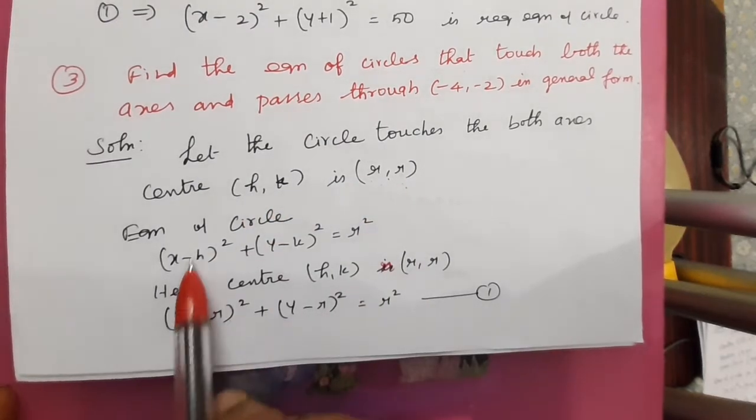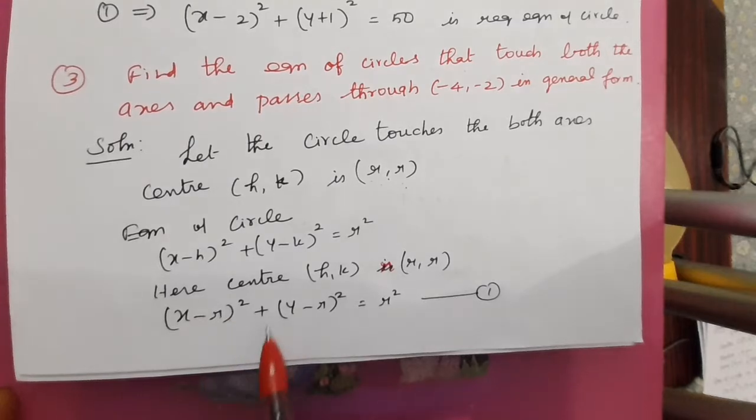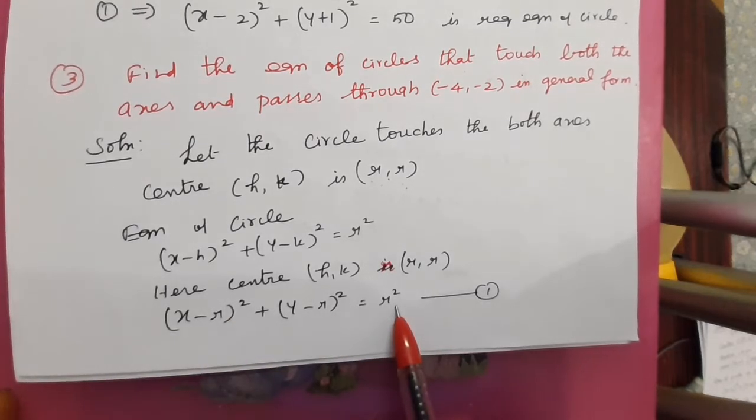So instead of h you substitute r: (x − r)² + (y − r)² = r².